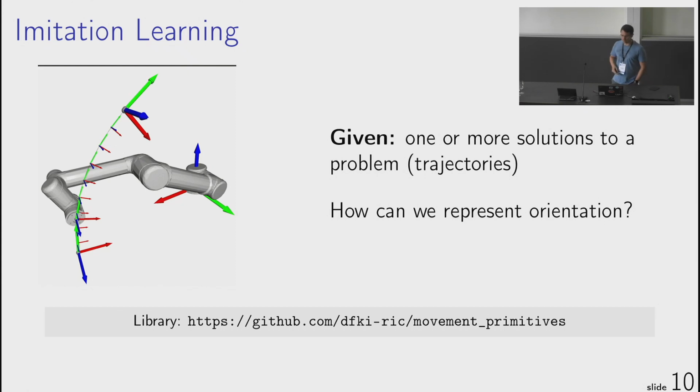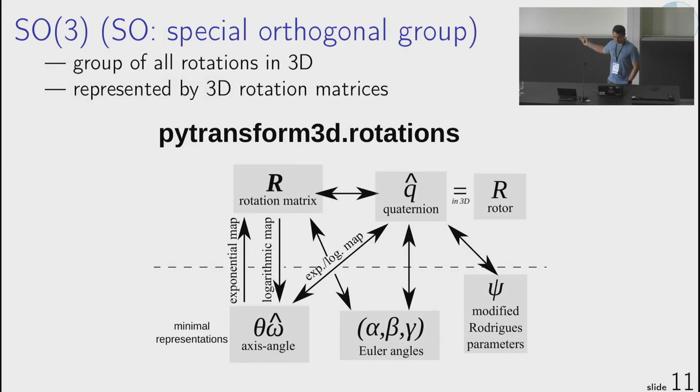The problem here is that you are given one or more solutions to some specific problem. We then have to find out how to represent it such that we can actually apply machine learning to it. More specifically, often the orientation is a problem here. It's complicated.